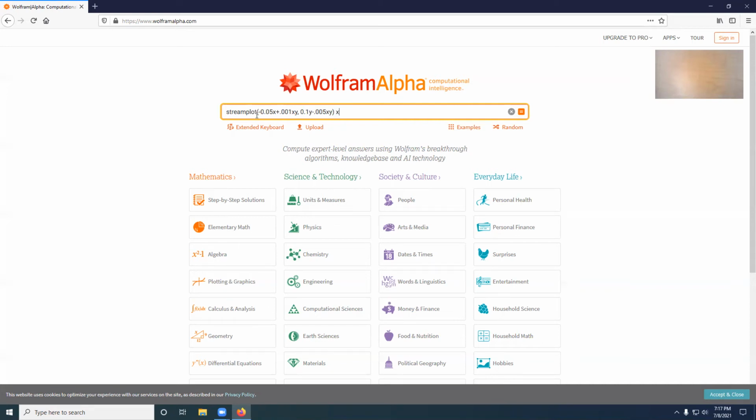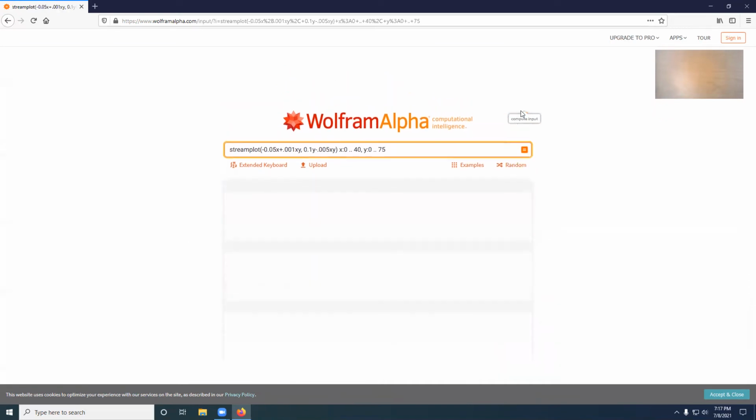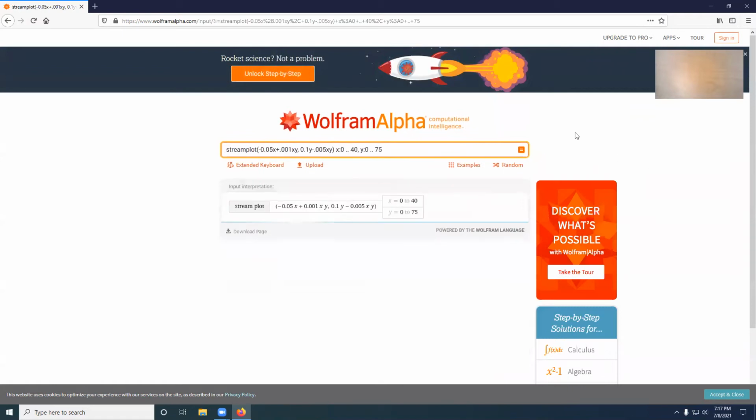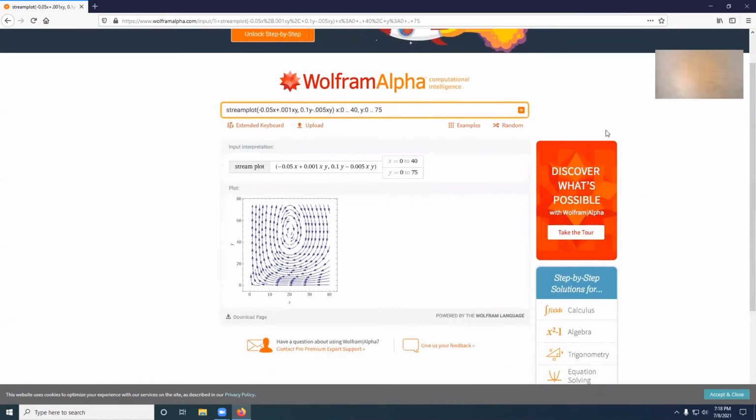So x can range from 0 to, I don't know, let's try about 40 to start with. And y can range from 0 to 75 or so. Okay. And it's kind of a little window they give us, but it's helpful.